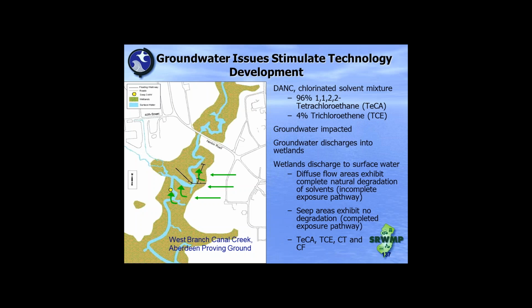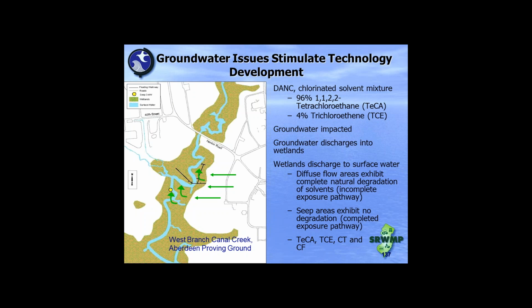It involves the West Canal Creek, which is a surface water body that winds through the outer parts of Aberdeen Proving Ground in Maryland. Because of former discharge practices, there were chlorinated solvents in the groundwater, and it was found that there were discharges of groundwater to the surface water body. And in particular, there were areas where there were groundwater seeps, where larger volumes of water were discharging in a discrete zone.